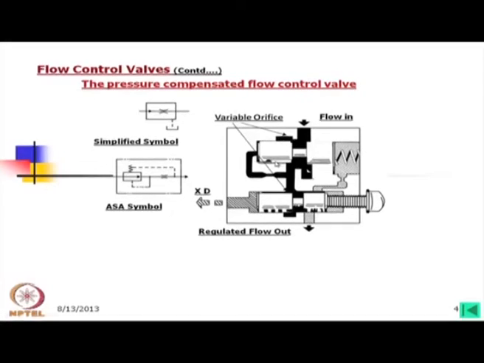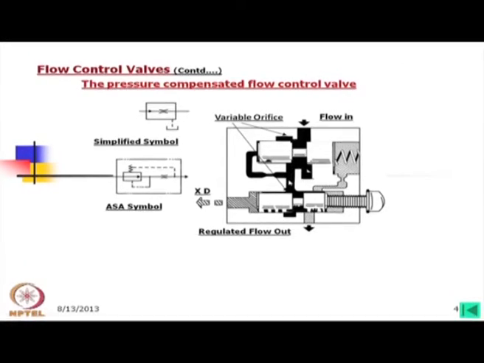This spool is supported by a spring, flow is coming in and through this orifice it is going to the other side. This figure is not exactly showing the orifice area. However, this orifice area can be fully closed by compressing this one.